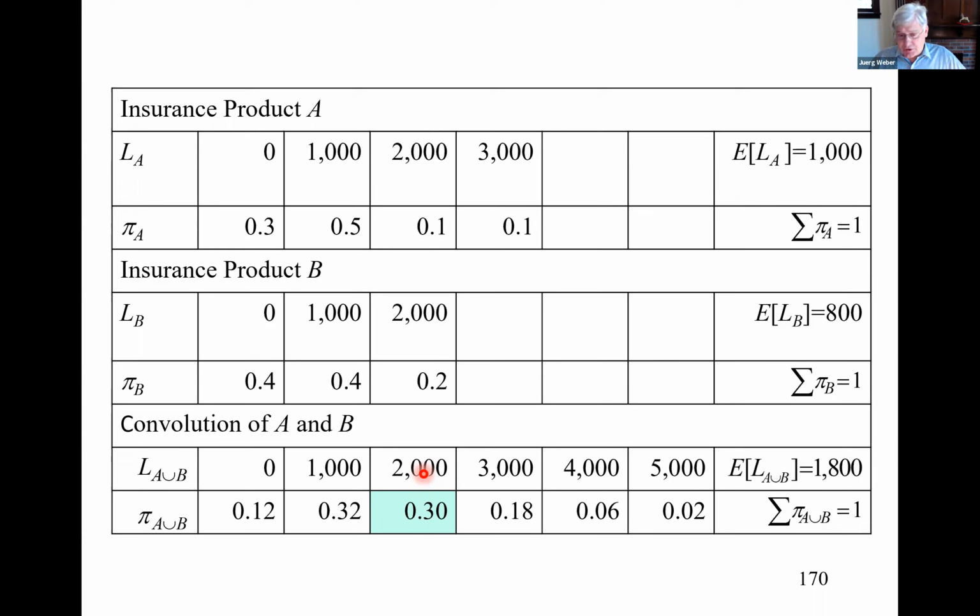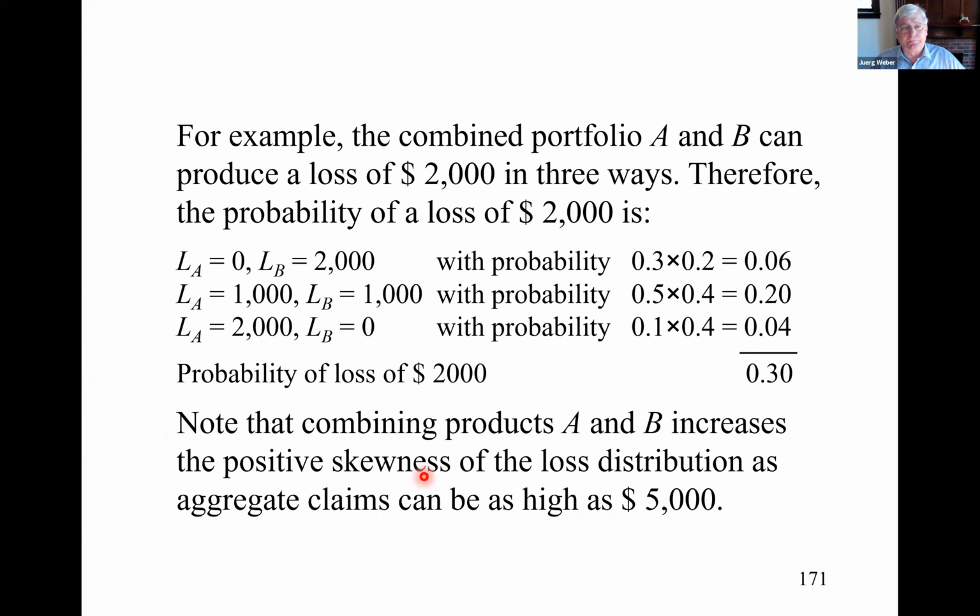Now, those 2,000s can actually arise in three ways. For example, maybe product A creates no loss, but product B involves a loss of 2,000.